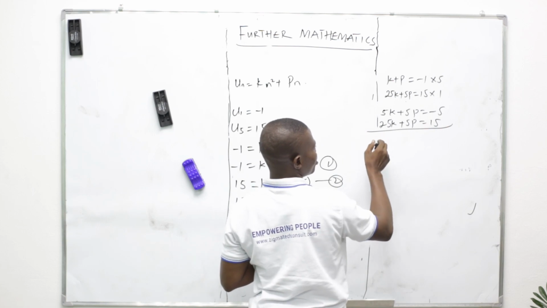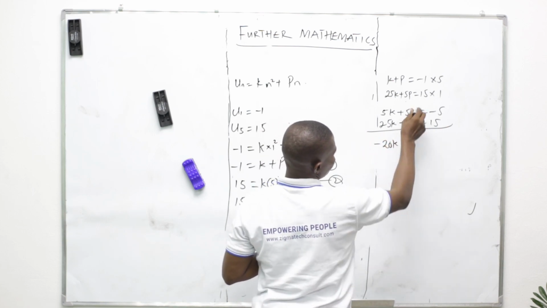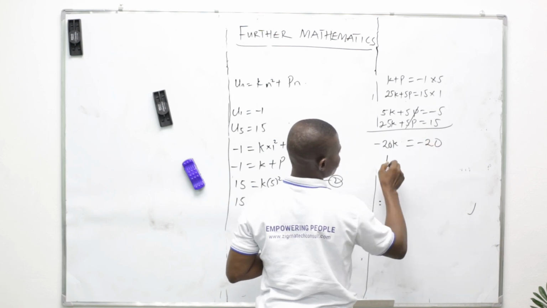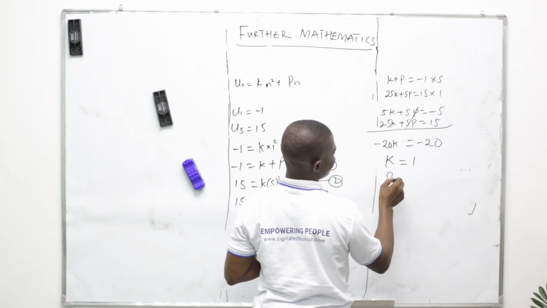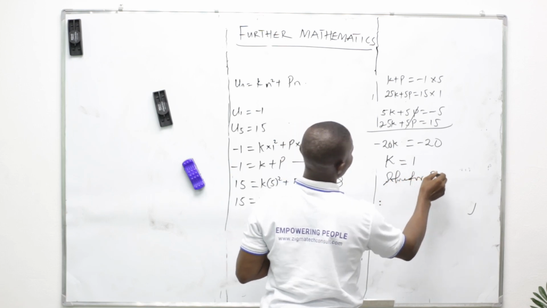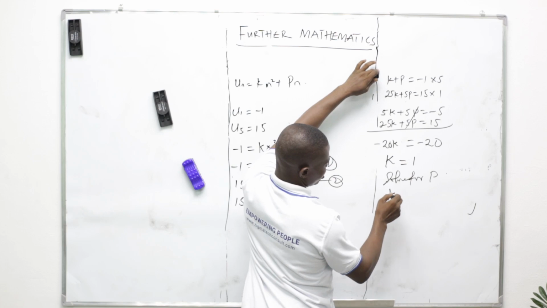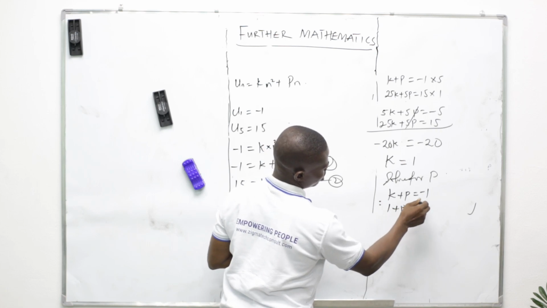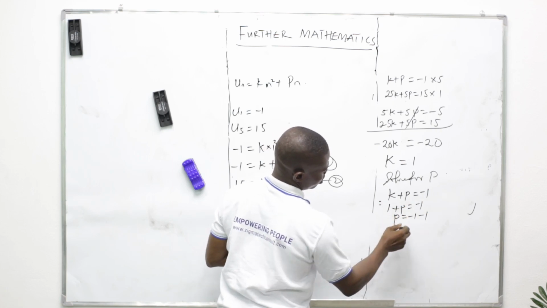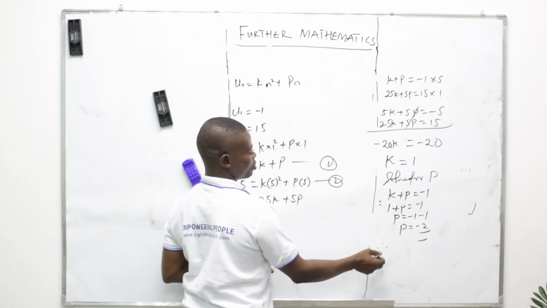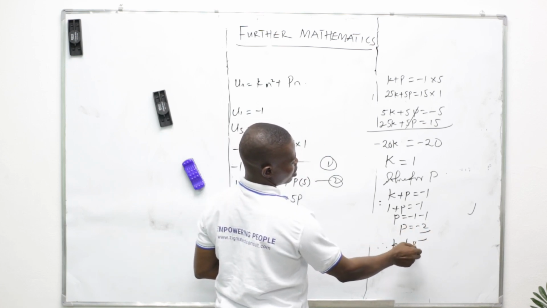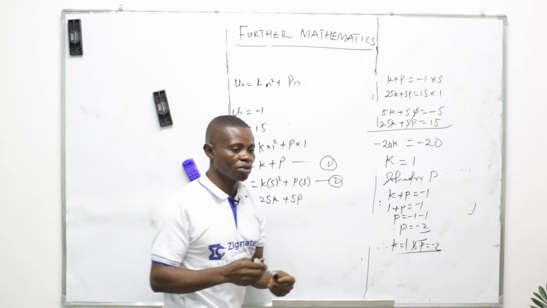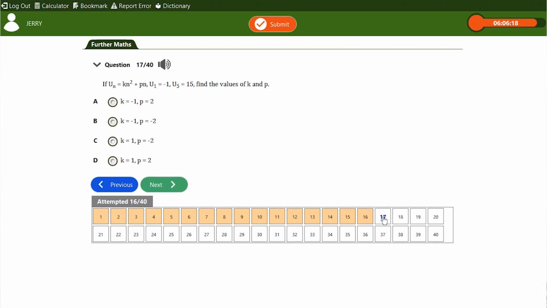By the elimination method, we have 20k equals 20, so k equals 1. Solve for p. Recall equation 1, k plus p equals minus 1, so 1 plus p equals minus 1, p equals minus 2. Therefore, k is 1 and p is minus 2.